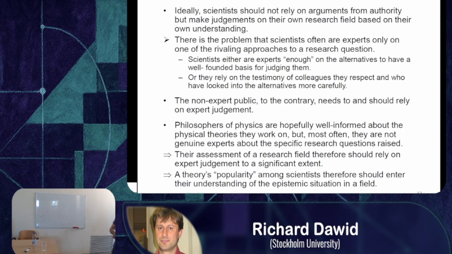There is a problem, of course, in praxis with this approach, because scientists often are expert only on one of the rivaling approaches to a research question. And they enter that position at a fairly early stage in their career often. So one may say they enter that situation at a stage when they are not in the best situation to judge that selection.